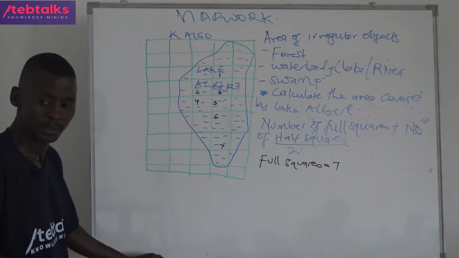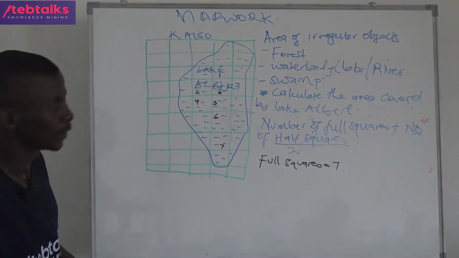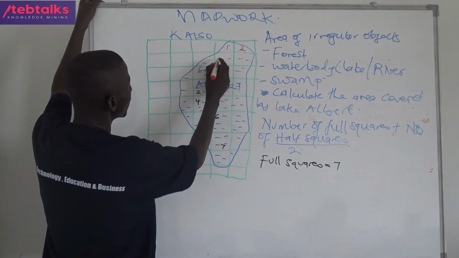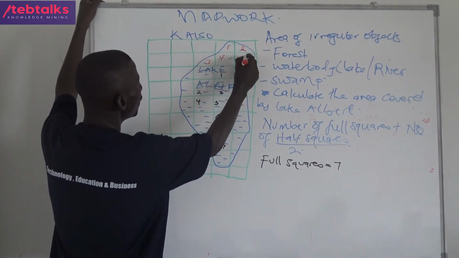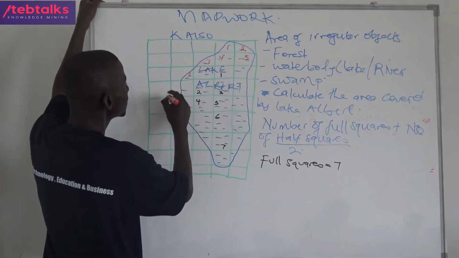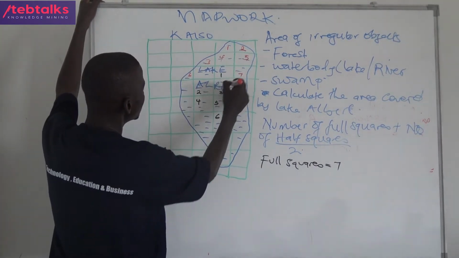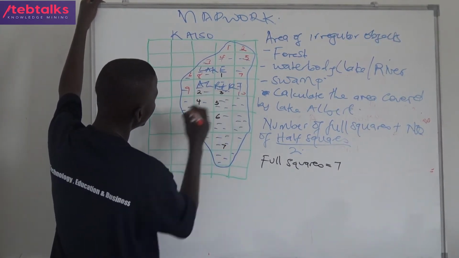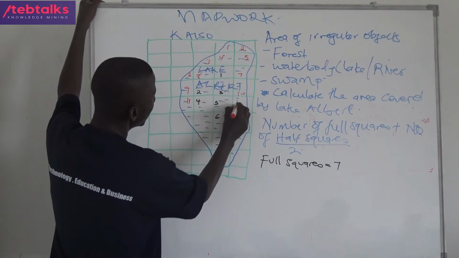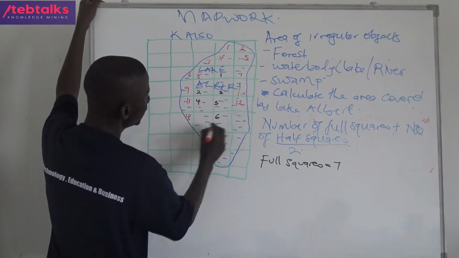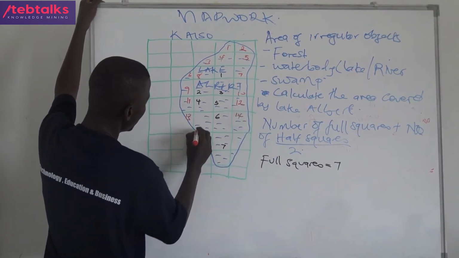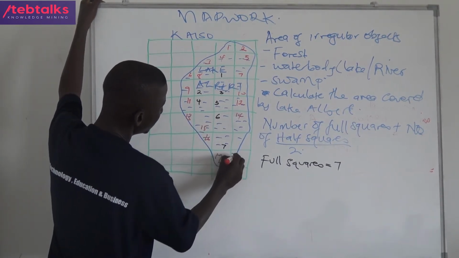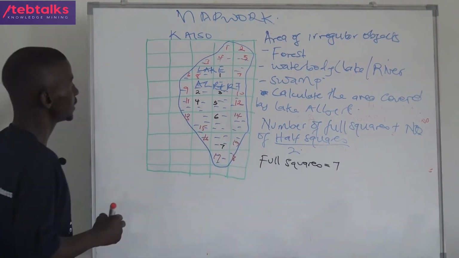Then how about those which are not fully covered? This one is 1, 2, 3, 4, 5, 6, 7, 8, 9, 10, 11, 12, 13, 14, 15, 16, 17, 18, and 19.